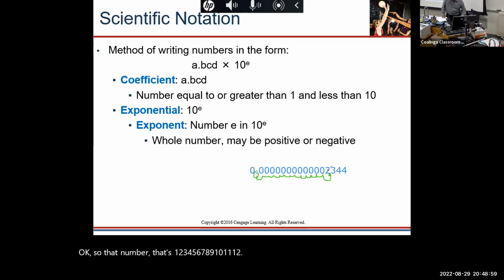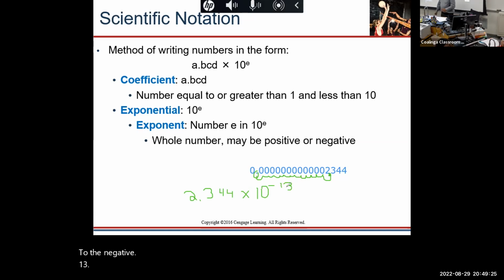Okay, so we would write this number as 2.344 times 10 to the negative 13.